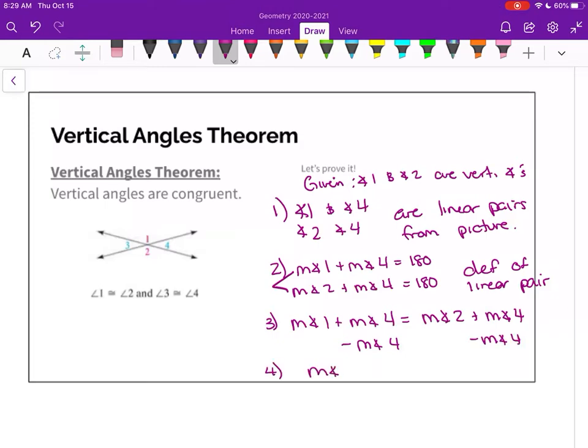Now I'm left with the measure of angle 1 equals the measure of angle 2, which means they're congruent, right? That's what congruent means: they have the same measure. So my last step would be angle 1 congruent to angle 2.